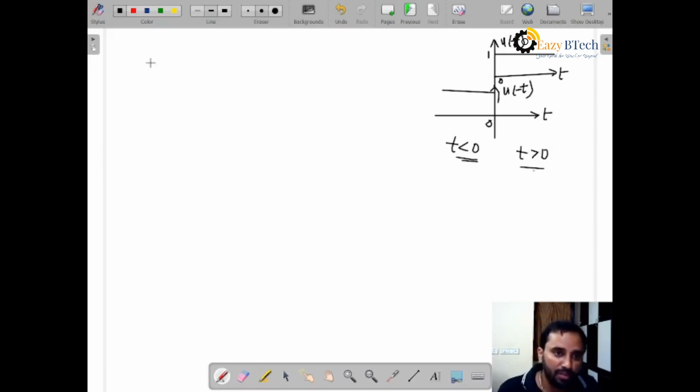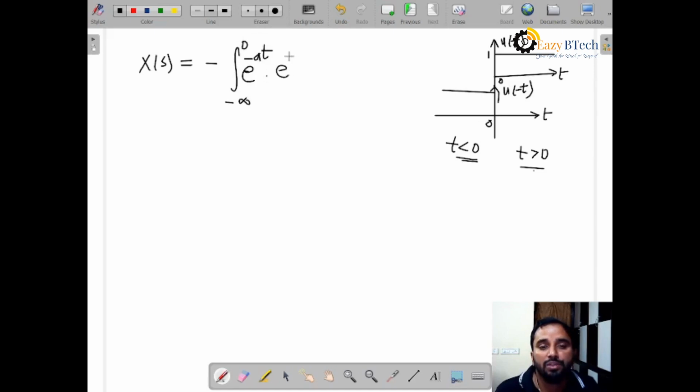So according to u of minus t we can now do the Laplace transform: minus integral. Here it is 1 from minus infinity to 0, and e power minus at into e power minus st dt, since the value of u of minus t is 1. Here the bases are the same, so we can add the powers.